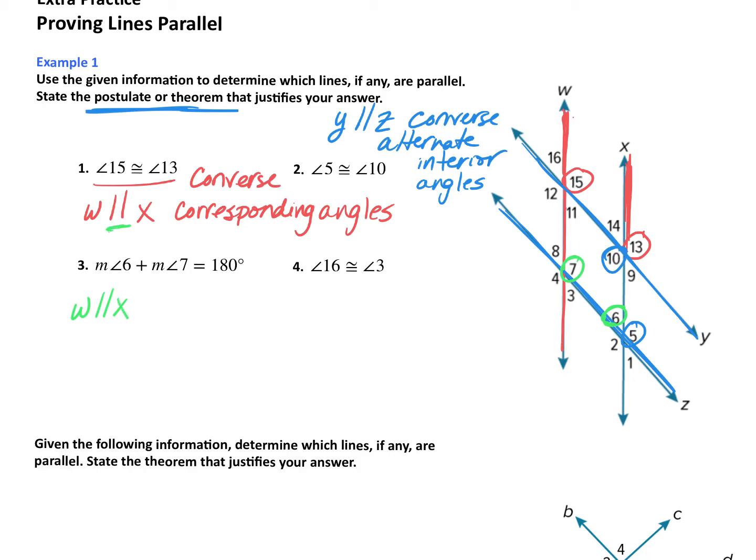And if you don't remember, the two lines next to each other are the ones that are parallel. It's W and X that are parallel, and Z acts like the transversal, based on the converse of consecutive or same side interior angles.